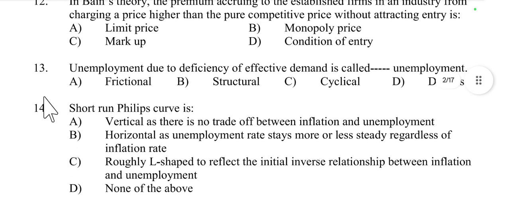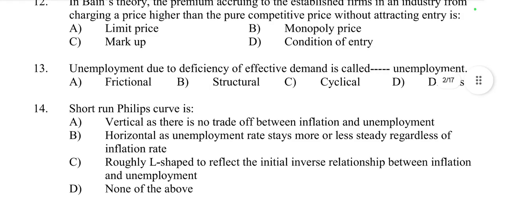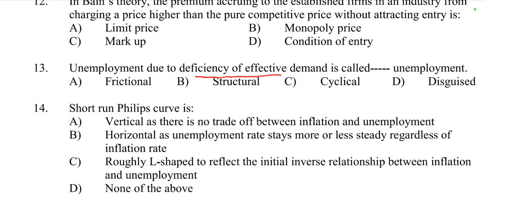Then question number 13. Unemployment due to deficiency of effective demand is called dash. The options are frictional, structural, cyclical, or disguised. This is not frictional, because frictional means a shift from one job to another job, the time between leaving one job and starting another.